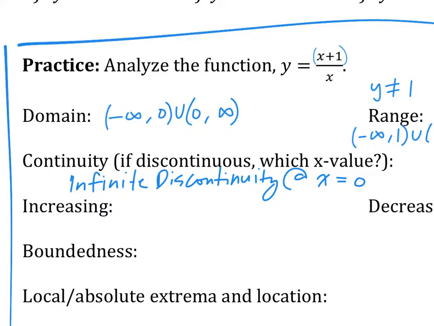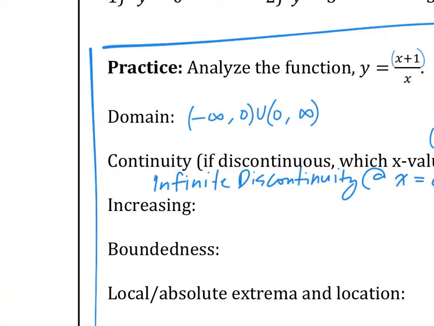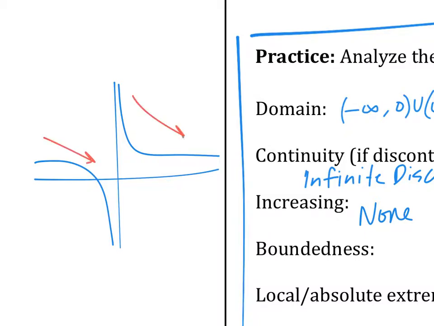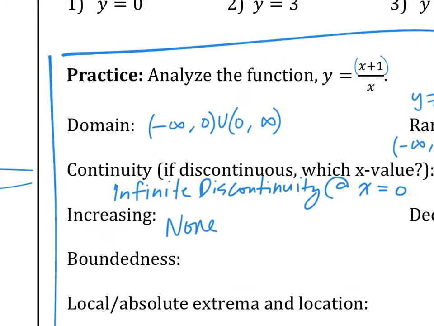Negative infinity to 0. Let me see. No. Okay, this graph looks like this. So where is the increasing interval? None. It's not increasing. Remember, we're going left to right. Left to right only. It's always decreasing. Okay, so then what is the decreasing interval?